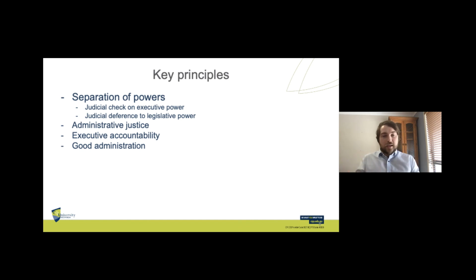And lastly, and this ties the other principles together, we've got a key principle of good administration. So making sure that the administrative decisions that are made are good quality, of a high standard, making sure that the executive government is operating as efficiently as possible, as effectively as possible, and making the right decisions as often as possible.